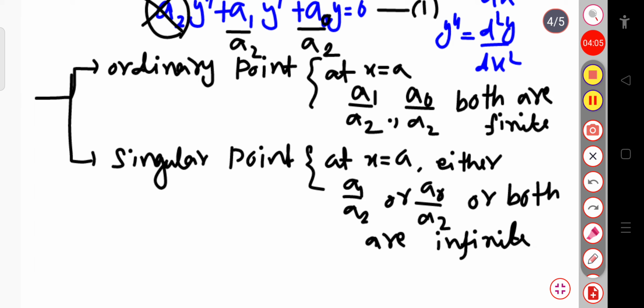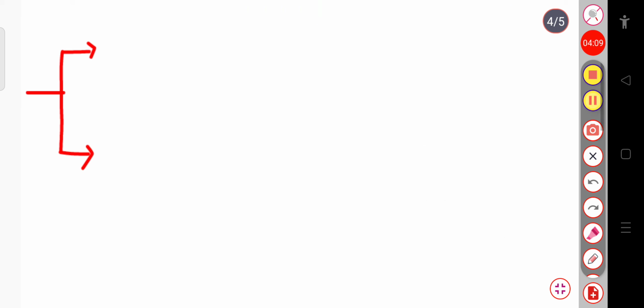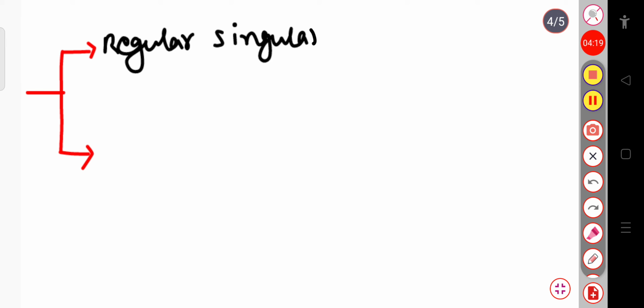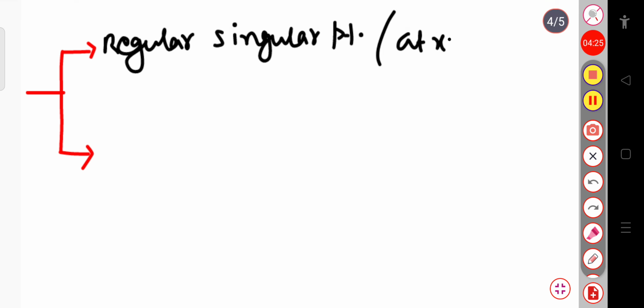And this singular point can be further divided into two parts. One is a regular singular point and another one is an irregular singular point. In case of a regular singular point, suppose at x equal to a the singular point exists.